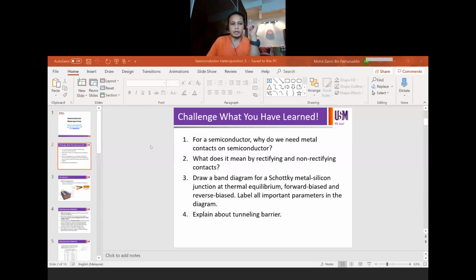So let's go to the second one. What does it mean by rectifying and non-rectifying contacts? So what is rectifying and non-rectifying? What's the difference? What's the characteristic of both? What is rectifying?